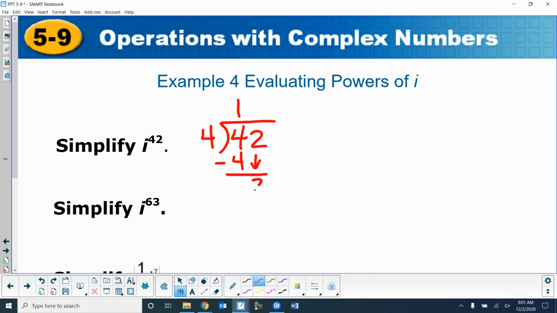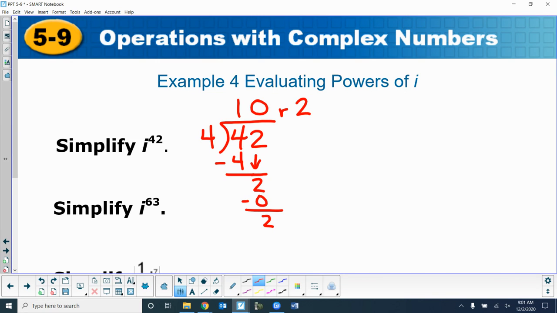Right? What do I do with this 2? Bring it down, right? So how many times does 4 go into 2? Well, 0 times, right? Remember, we're saying 4 doesn't go into 2. It's too big, right? So that's 0 times. What's 0 times 4? 0. 2 minus 0 is 2. That's my remainder, right? 10 remainder 2, right?